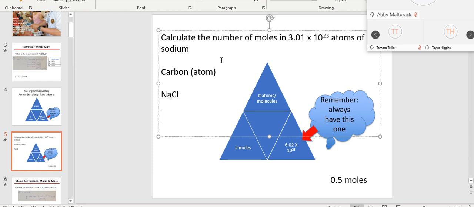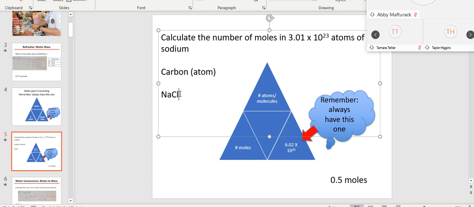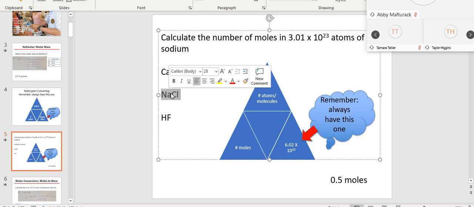So I can find the number of atoms of a pure element, and I would use the same formula. There's a molecule. This is an ion. This is an ionic solid. So we would call these formula units, because ionic solids aren't molecules.